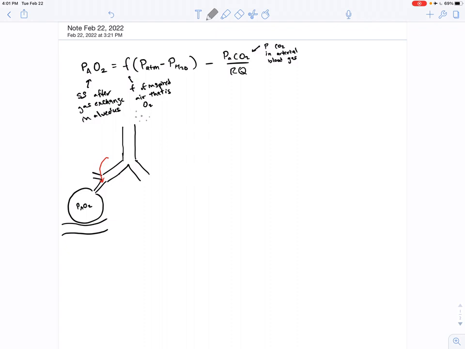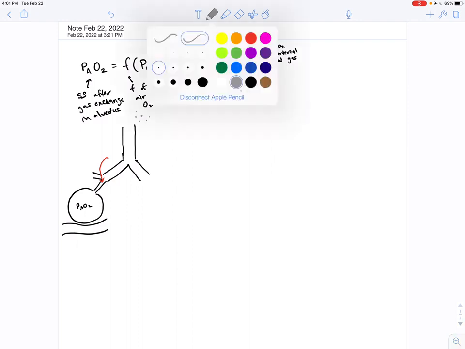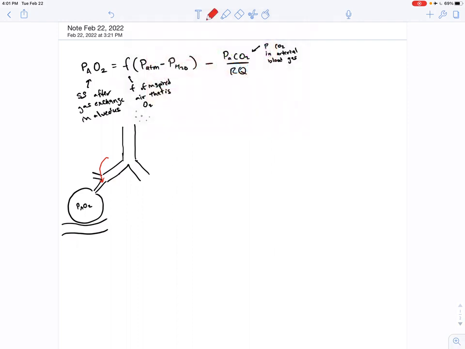The alveolus is the end part of the respiratory tract. Right before we get to the alveolus, there is a partial pressure that is not influenced by gas exchange, right? Gas exchange has not yet occurred, so I'm going to call that PbO2, or bronchiolar oxygen partial pressure.